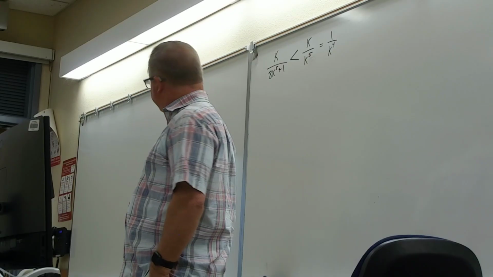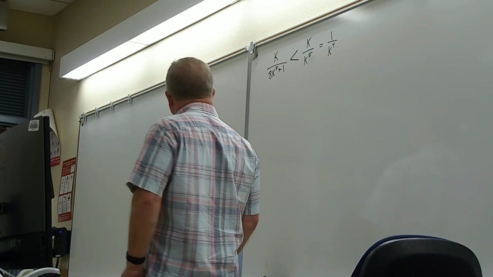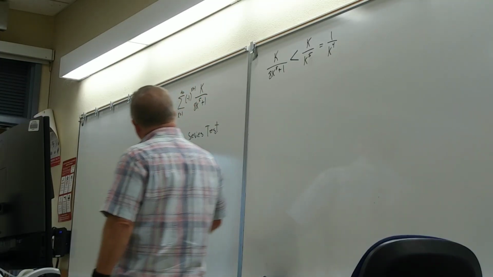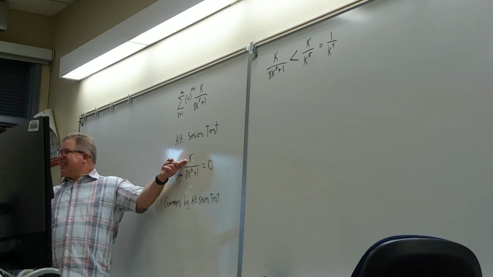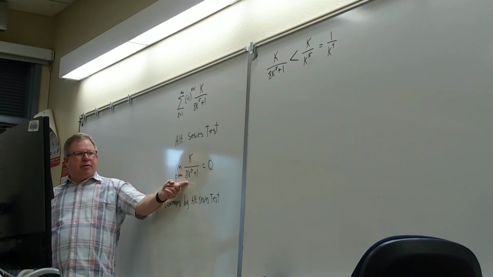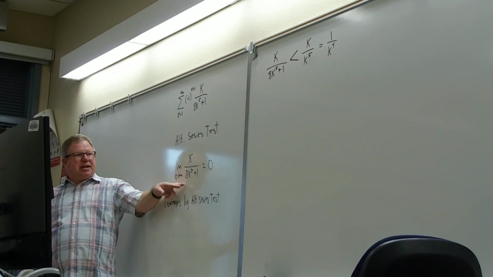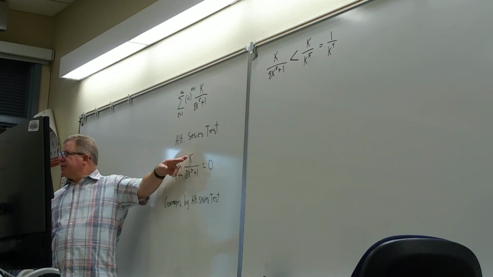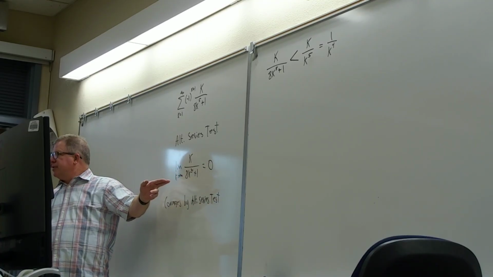What did you say about the alternating series when there's a polynomial on top and the bottom? When you're doing this limit, if the numerator is of less degree than the denominator, it's always 0. If they're of the same degree, like if that was k to the fifth, then it goes to the ratio of the leading coefficients.